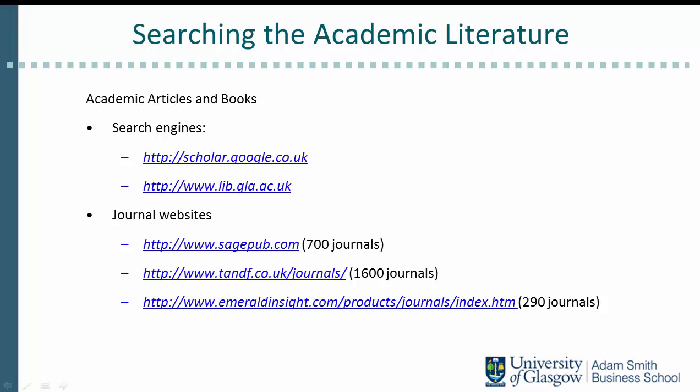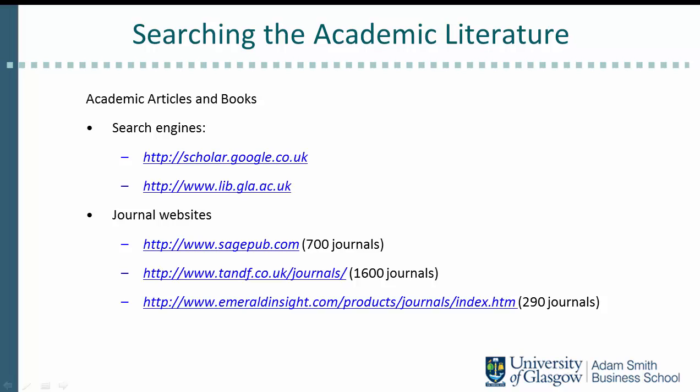You may be able to use both in parallel. That is, search using keywords on Google Scholar, and then once you've identified the papers you wish to read, look for those papers using the library search engine.